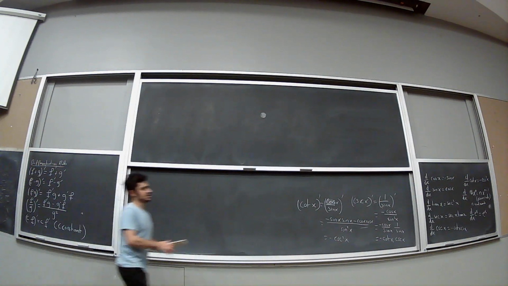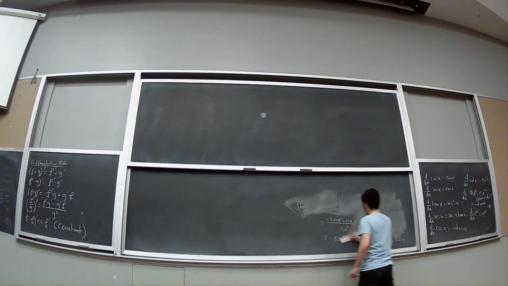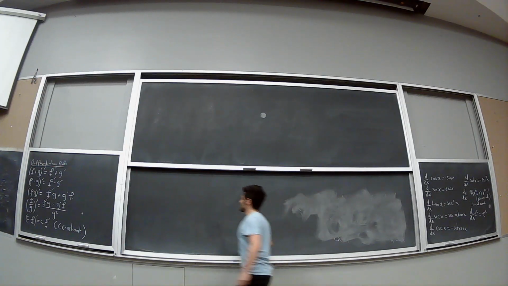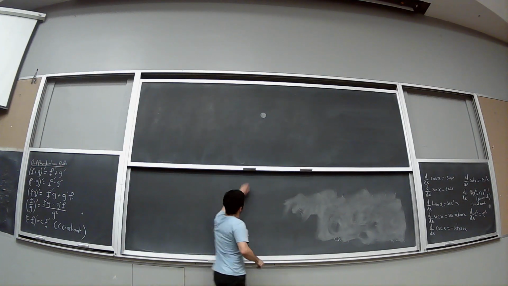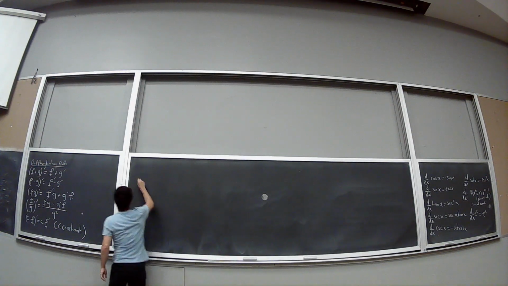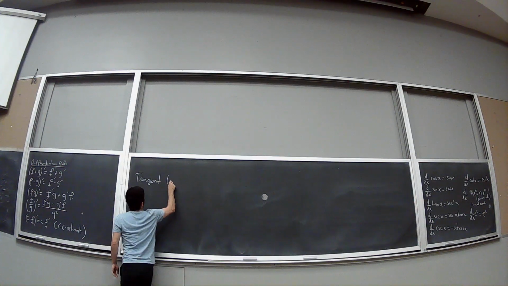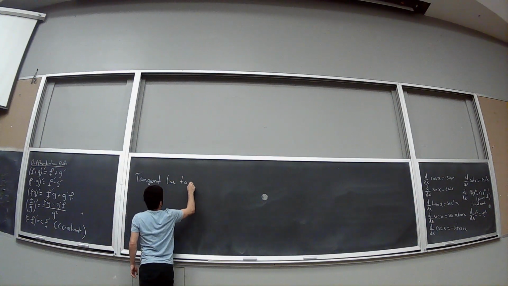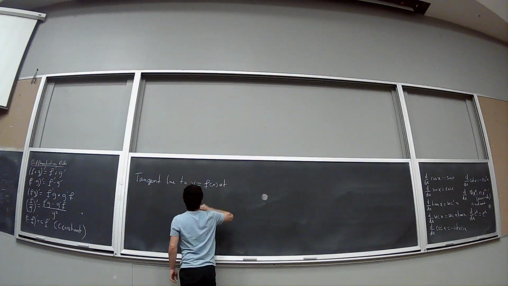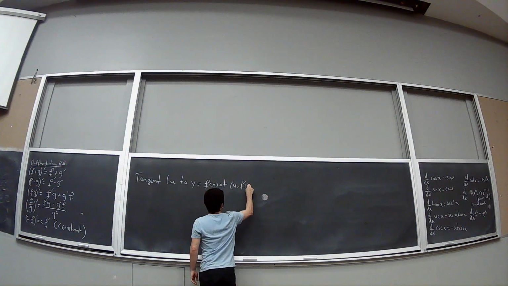Now, what we were doing last time, we were doing the tangent line. Okay. Let's look at the tangent line to y equals f of x at (a, f of a).